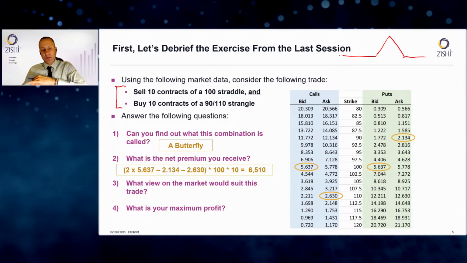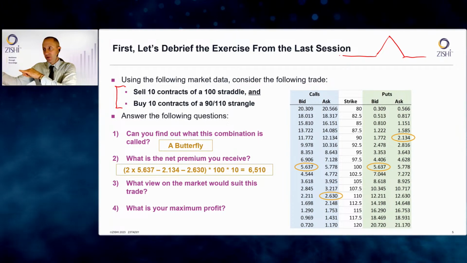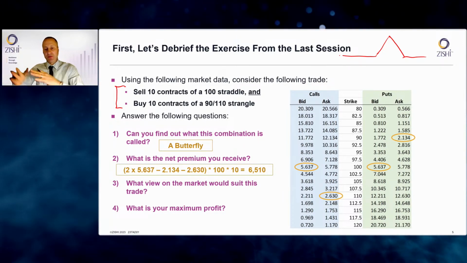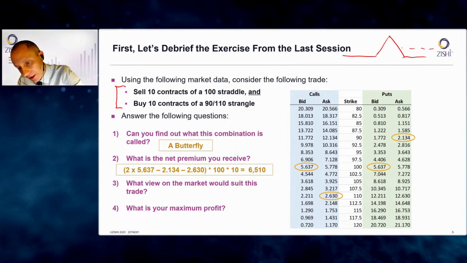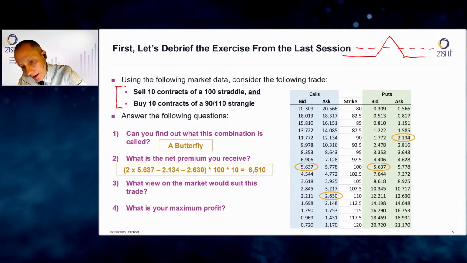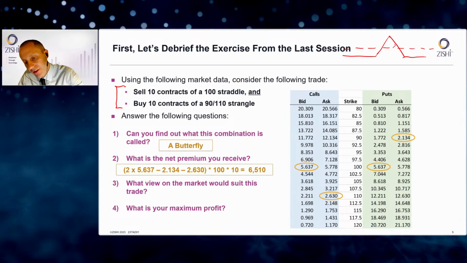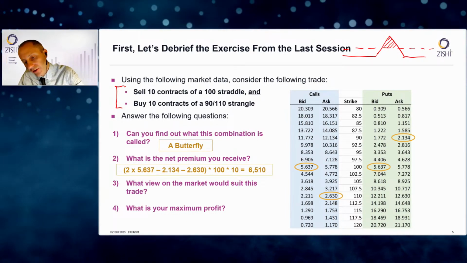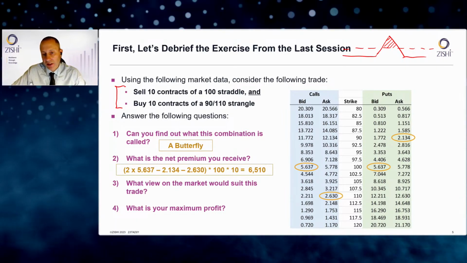And likewise, my 10 contracts of the 100 call will be cancelled out by the 10 contracts of the 110 call if we go above 110. And so you'll find that my 0 P&L line will be somewhere through here. And so essentially what this trade is a bet that we have low volatility. So the market doesn't particularly move and we finish in that shaded triangle there.